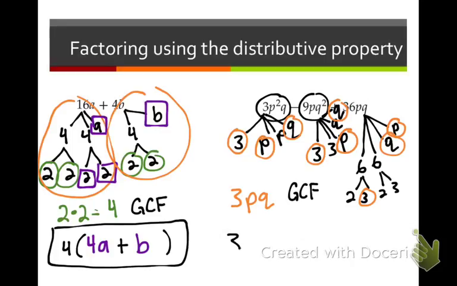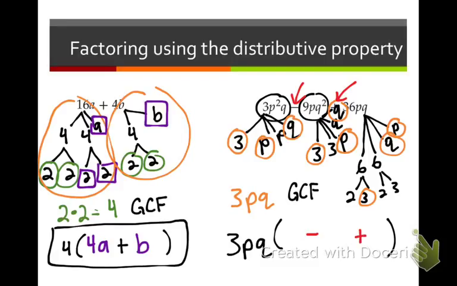Okay, so I'm going to put my greatest common factor out here. I'm going to open some parentheses. Alright, open my parentheses. And in this case, the first operation was subtraction. I'll put subtraction here. And then the second one, I know I kind of covered it, but it's plus, addition.